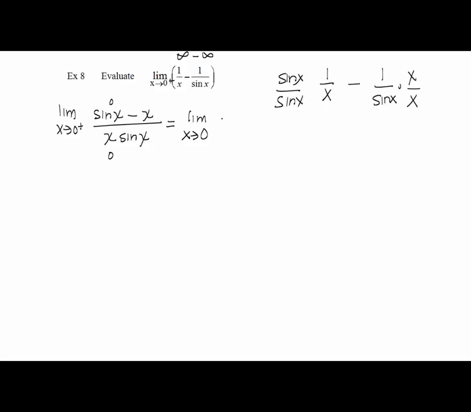The derivative of sine x is cosine x. The derivative of x is 1. In the denominator, we have to use a product rule. So x times cosine x plus sine x times 1.